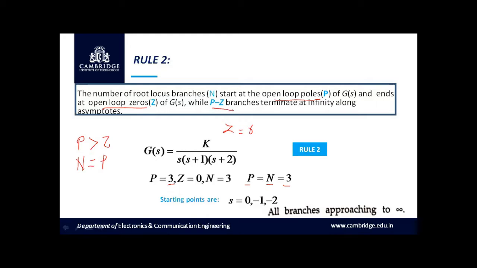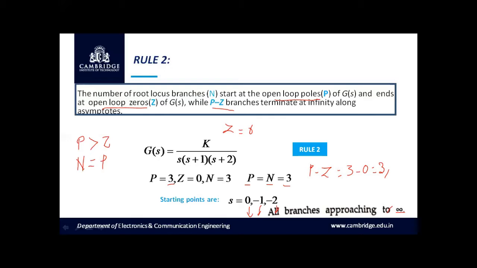While p minus z branches terminate at infinity along the asymptotes, which means that as we don't have any zeros to terminate with, we have to take p minus z branches, which are going to terminate at infinity. P minus z in this case will be equal to 3, as p is equal to 3 and z is equal to 0. Hence, all the three branches will be approaching infinity.